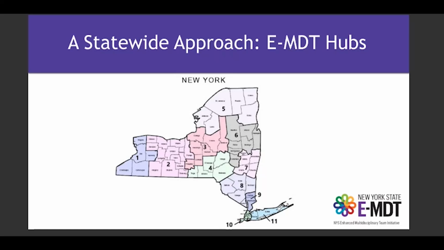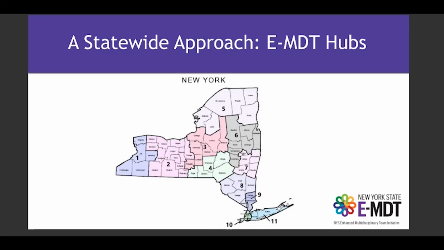And in essence, we have multiple counties in each hub. And so there tend to be one, maybe two in some instances, coordinators employed through each of those hubs who are coordinating EMDTs in every county in their hub.